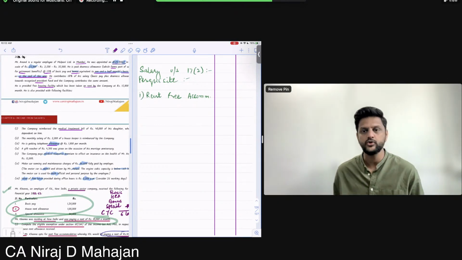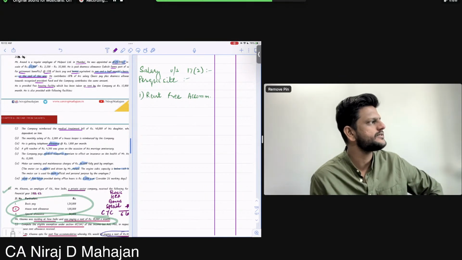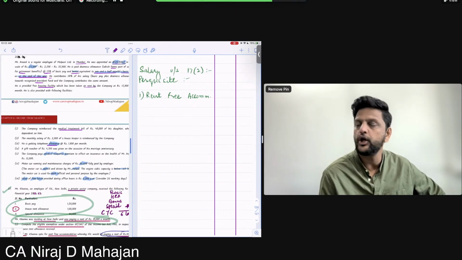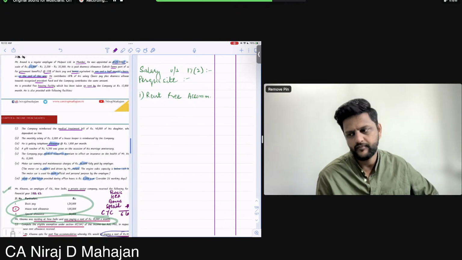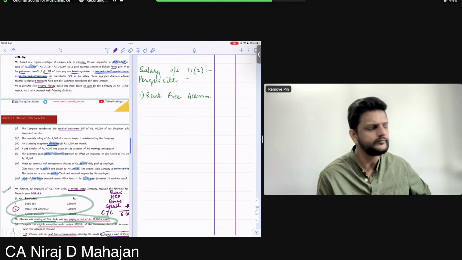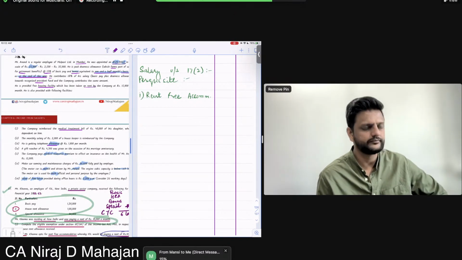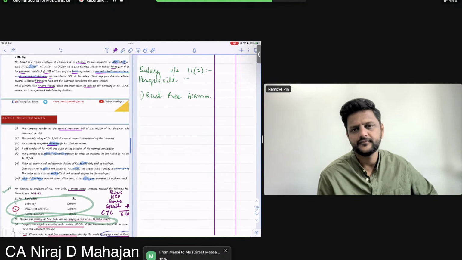Tell me, now the property is owned by employer or rented by employer? It is rented by employer. So what is the value of perquisite? Actual rent paid or payable by the employer to the owner, or 15% of salary, whichever is lower. Salary for this purpose is basic plus which one?